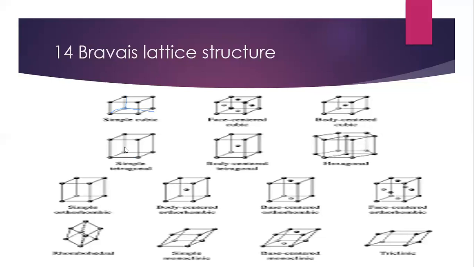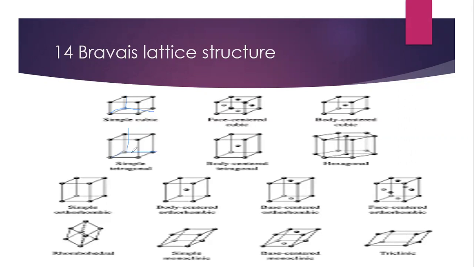Here simple and body centered. Okay, so this is a tetragonal, this is a tetragonal. If this is A, this is B, both are same edge length, but C is different.